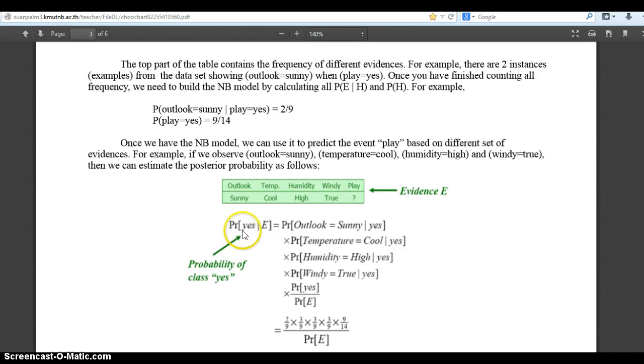So we want to find the probability of yes, given that E occurs. So we need to find the product of the outlook being sunny given yes, the temperature being cold given yes, humidity being high given yes, and the event of it being windy given yes.